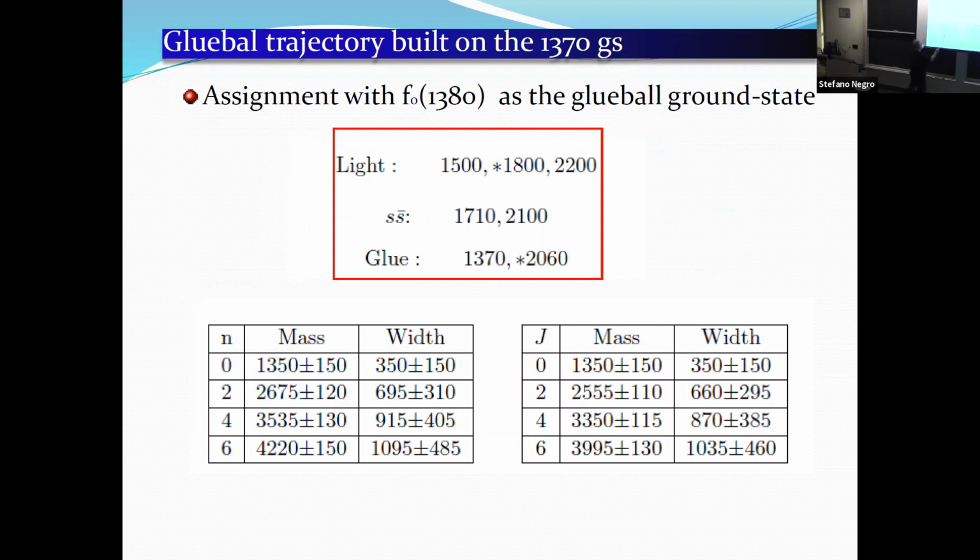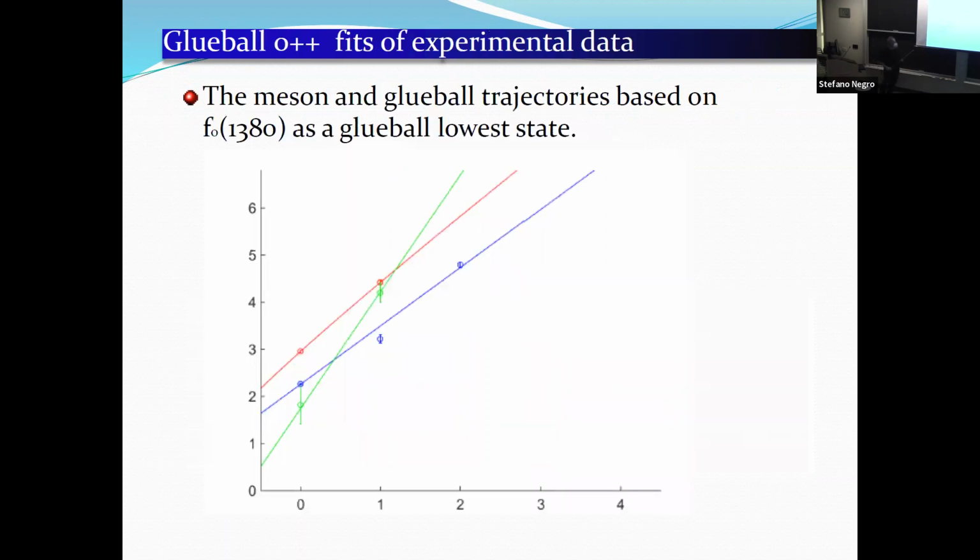One attempt that we have is that we took two of them and we put them in this global trajectory that has twice the slope, and the others are two states on the light and s s-bar trajectories. And so it looks like the following. We have these two states, the green line, which are a glueball trajectory, and the others are a meson trajectory. Unfortunately, it's only 2 points that we can identify here, and we need some more to really trust it.